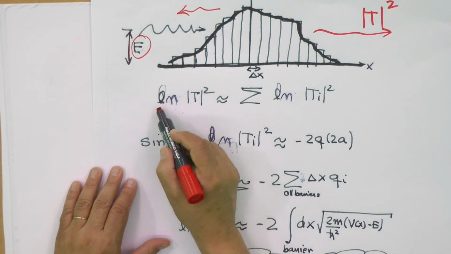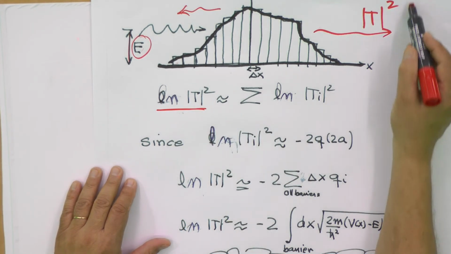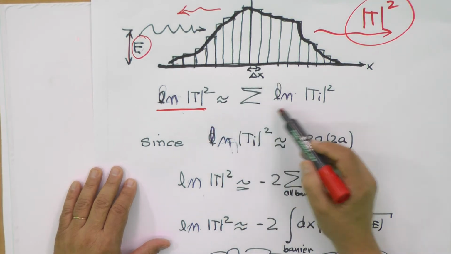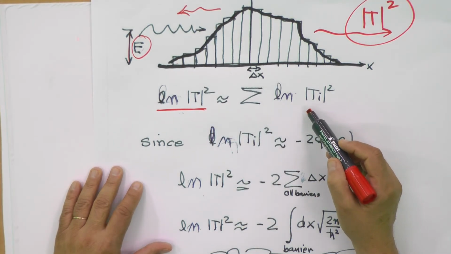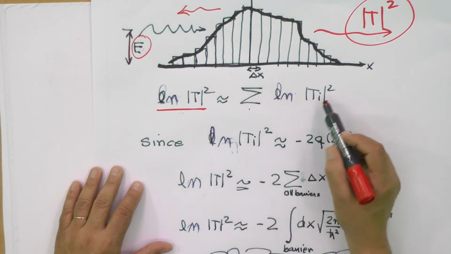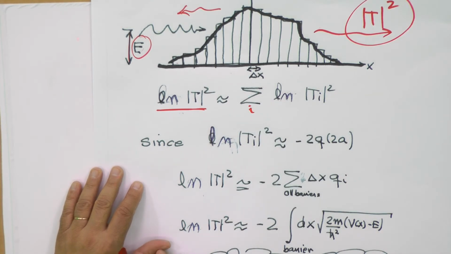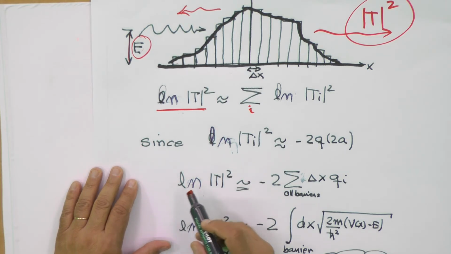And I am going to apply the logarithm. The logarithm of the product is the sum of the logarithms over all the barriers.